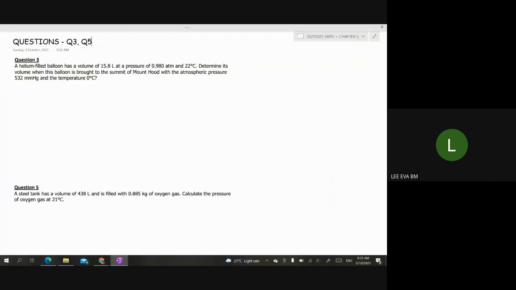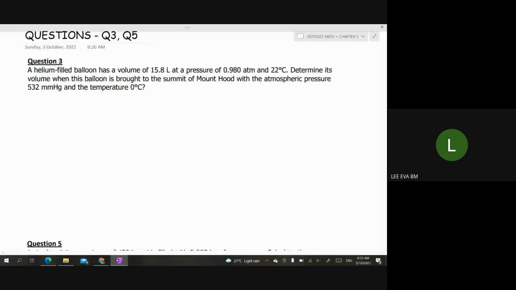Okay, question number 3. Tell me what information you have got. So sekarang interpret sendiri. What values have you got in the first sentence? Volume. Okay, you have got volume and pressure.